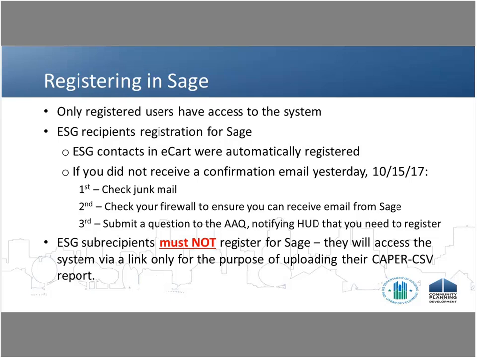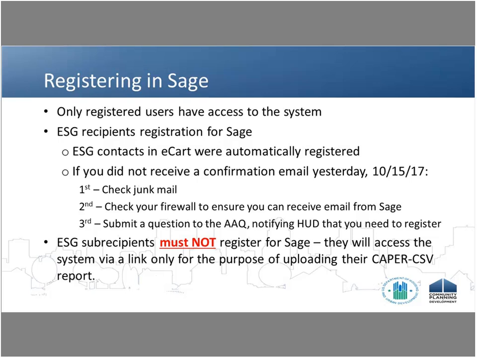Check your junk email if you're not seeing this email. If it's not in your junk email, check your firewall to make sure that you can receive emails from Sage. And third, if you're just not seeing it anywhere and you don't think it's a firewall issue, then submit a question to the AAQ and let us know that you need to register and that you have not received an email confirmation indicating that you already have been set up.